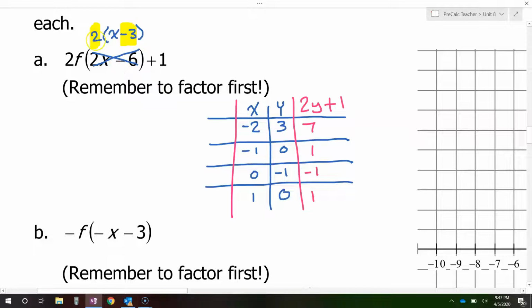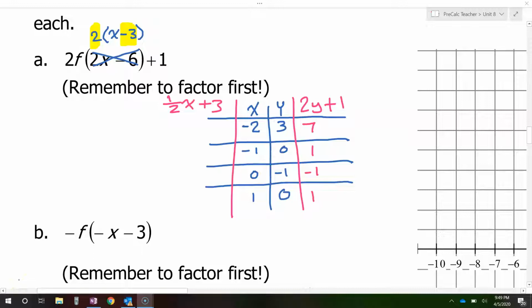So if it looks like I'm multiplying by 2, I'm really going to be dividing by 2. So that's why I'm going to have a 1/2 x. All right, because I'm really dividing by 2. This minus 3 is actually a shift to the right 3. So that's why I need to put a plus 3 here.